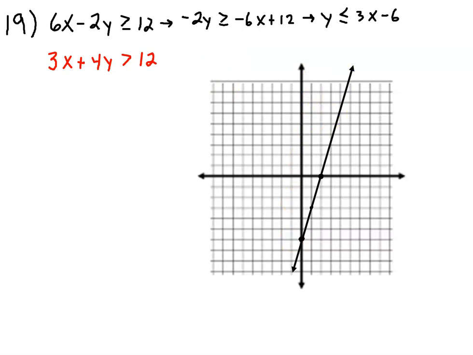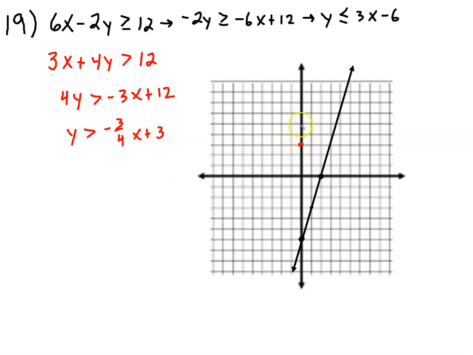And now I'm going to do the red. Same thing, I'm going to get it solved for y. So subtract 3x from both sides. Divide by 4 on both sides. And same thing, start at 3 on the y-axis.